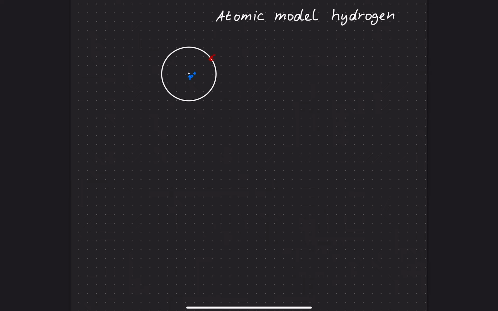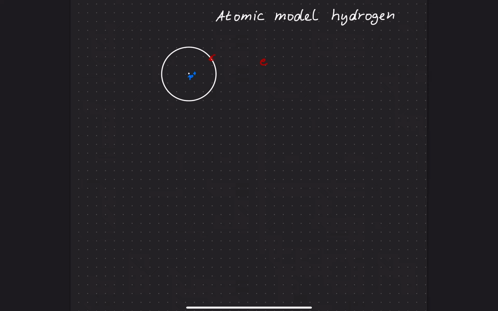So we can symbolize the electron with a lowercase letter e.